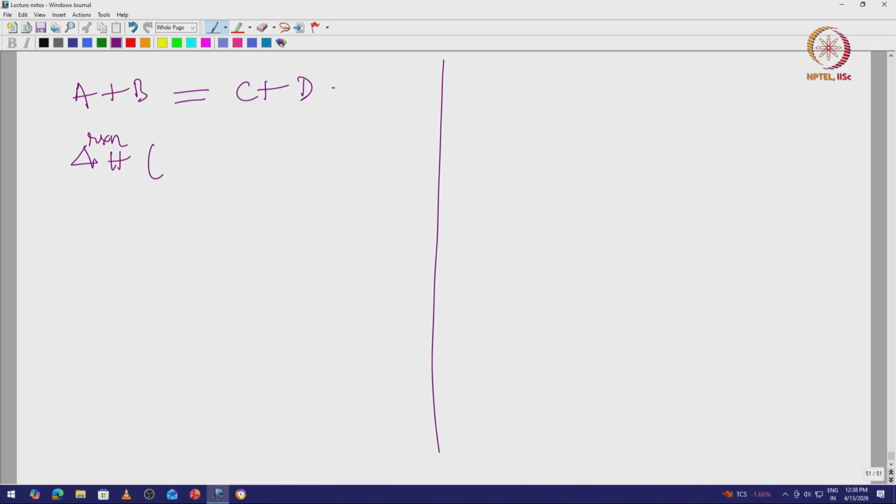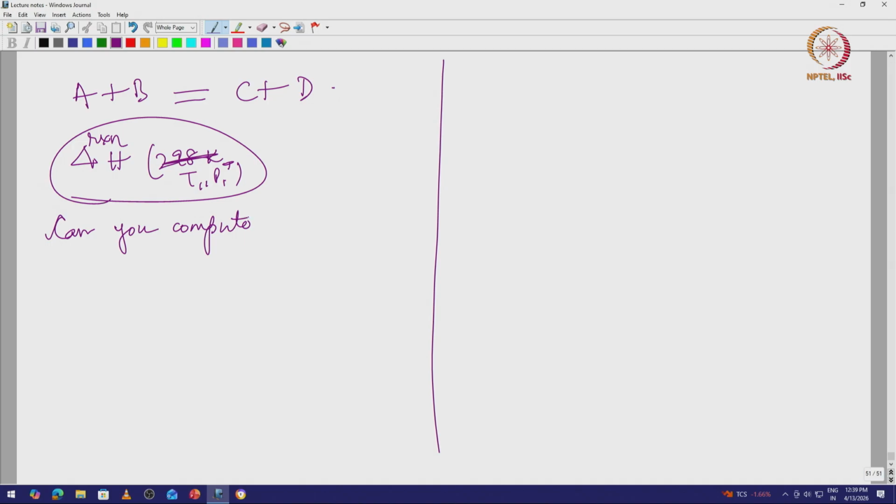So at let us say 298 Kelvin, or some temperature T1 P1, right. And I am going to ask you, based on this, can you compute delta H reaction at T2 P2. Okay.